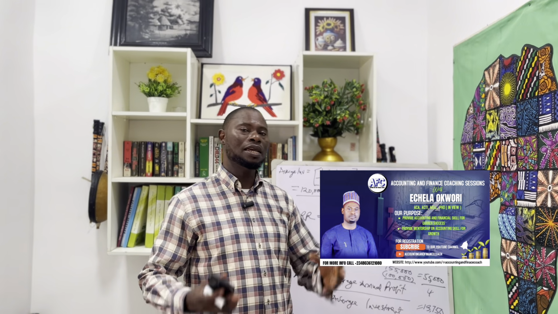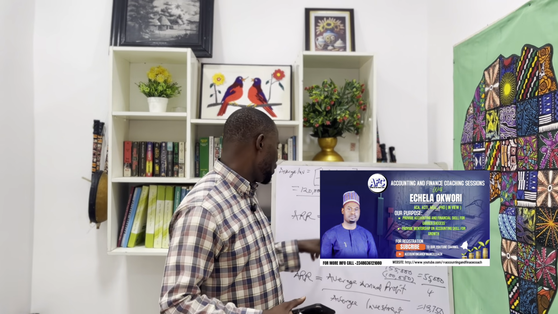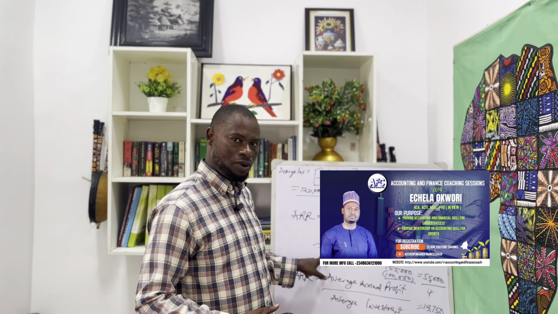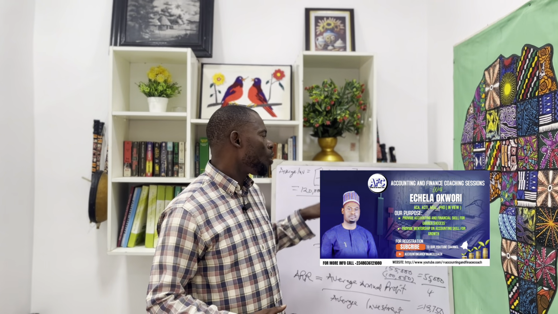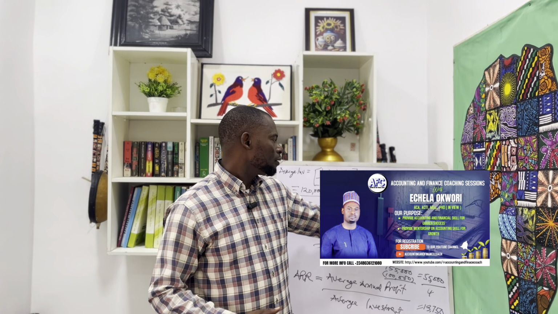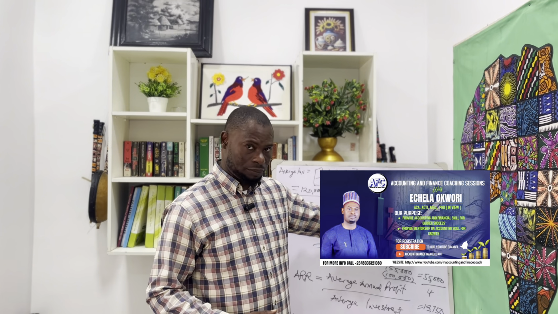What is the decision rule? The decision rule is that if the calculated accounting rate of return is up to the minimum requirement that is set, or more than it, then you can accept.